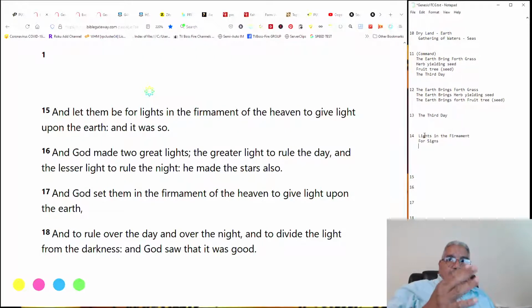That was the purpose of it, for this Genesis treatment and all of that. But the funny thing is that the treatment here doesn't begin with seasons, days, or years. It begins with signs. It's signs.